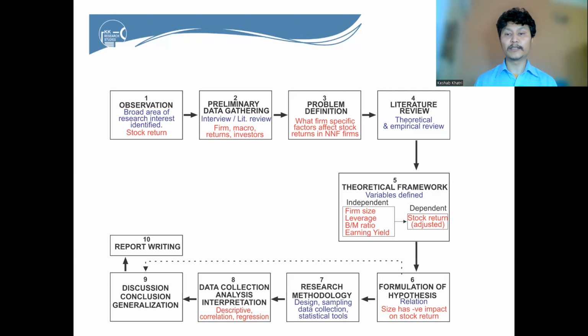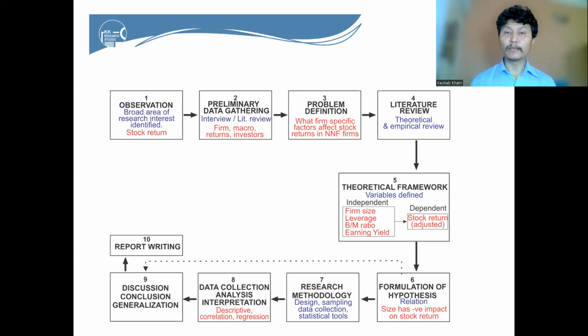So once we do the literature review, the next step would be the theoretical framework. So now in literature review, while we try to understand the theory behind our problem, for example, in our case, we had the theory of capital assets pricing model and then arbitrage pricing theory.